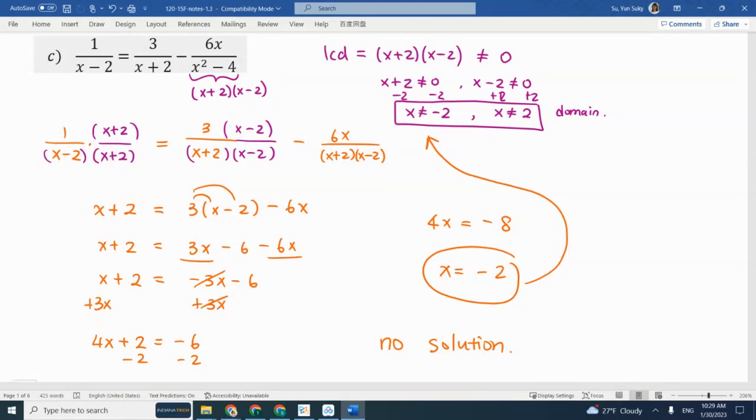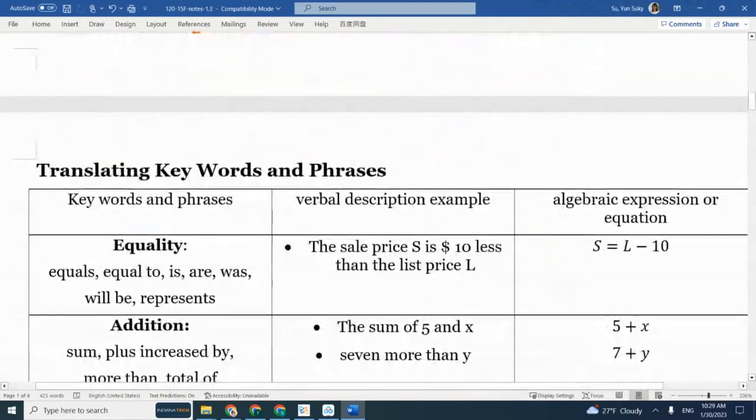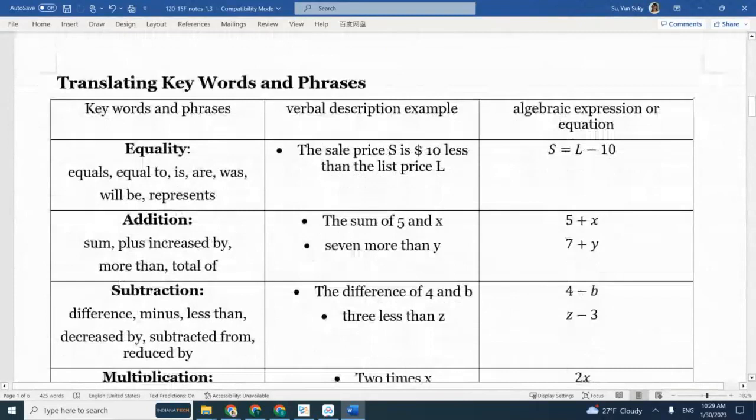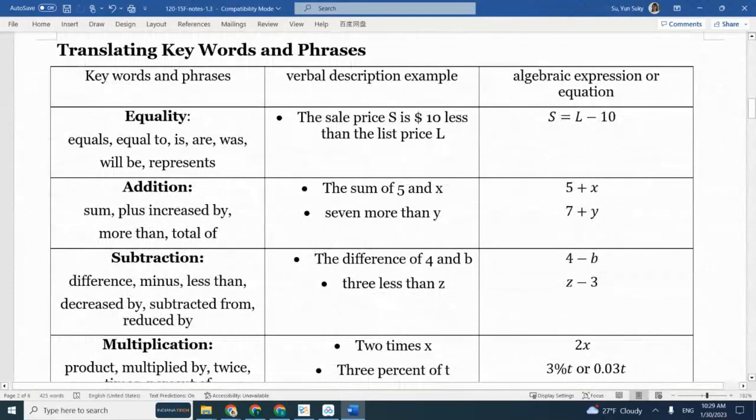Then I will summarize the steps and then we'll follow the steps. Okay, let's keep going. Translating keywords and phrases. So keywords and phrases: this is a verbal description example, and this is the algebraic expression or equation. Equality: equals, to, is, are, was, will be, represents.